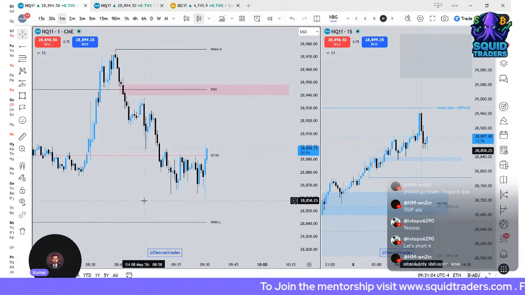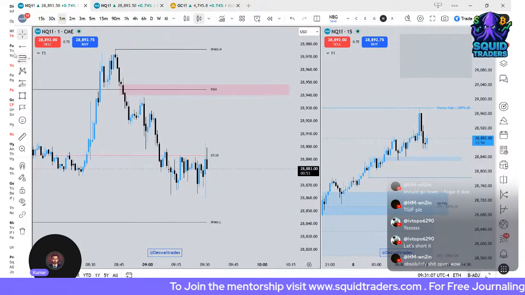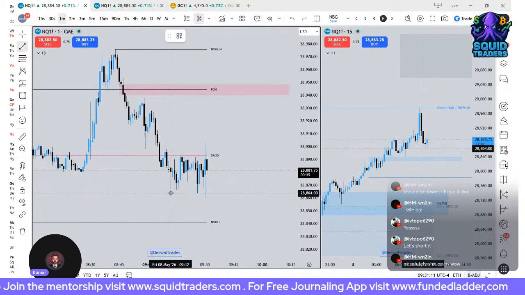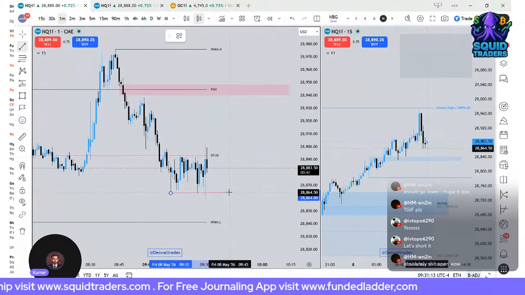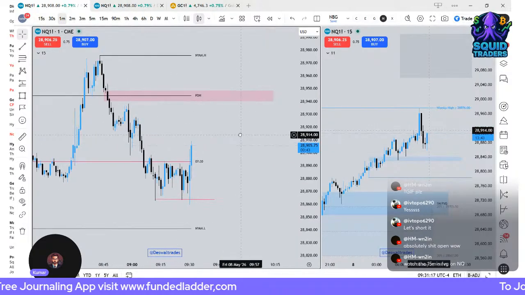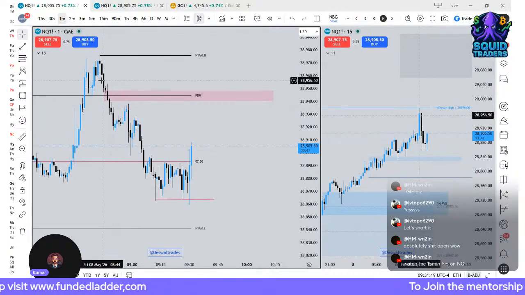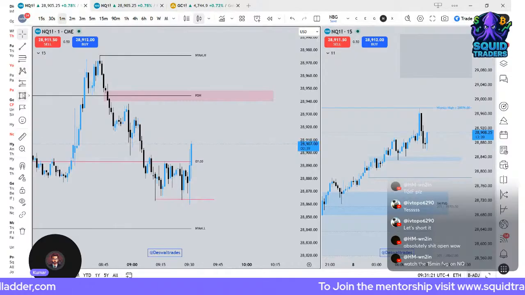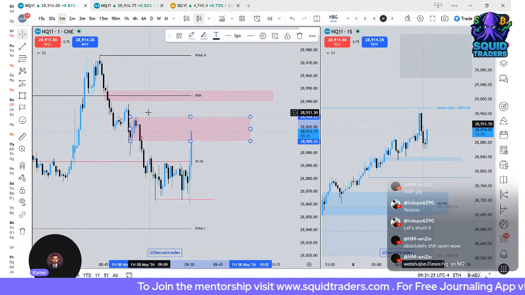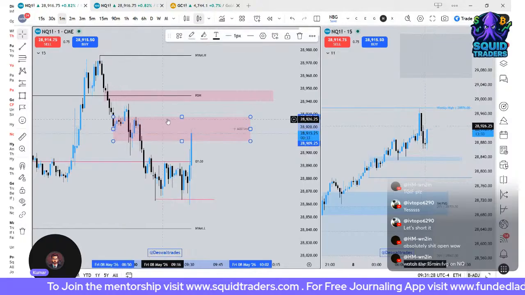We have to wait. All this liquidity is gone. We'll see how the market reacts when we come back here or over here. It'll be more interesting to see what happens when we get in this part.